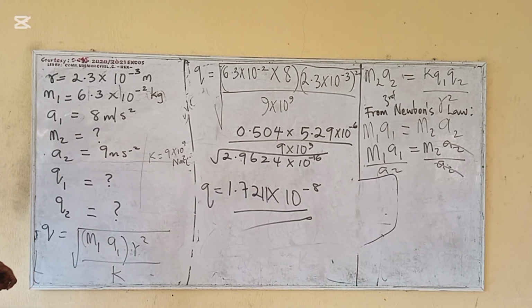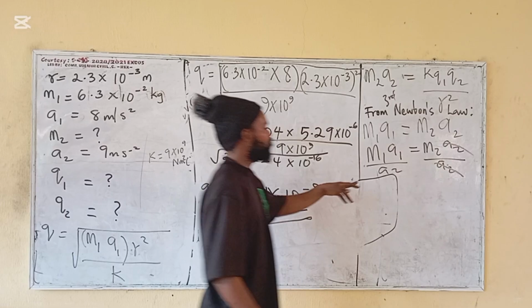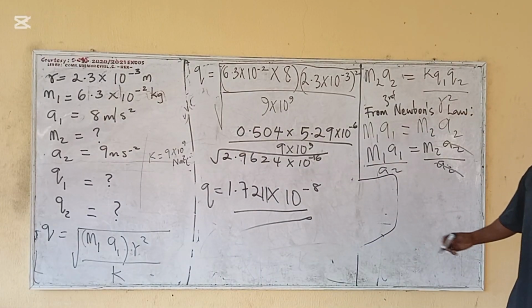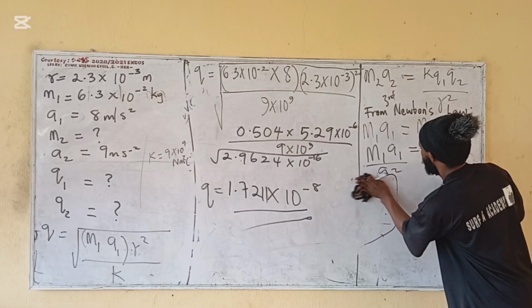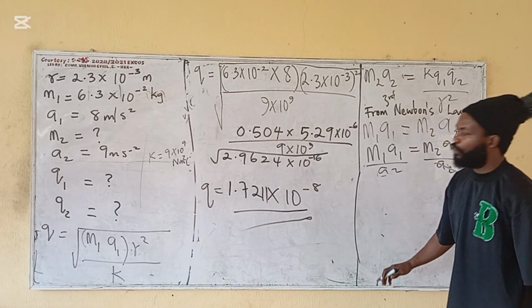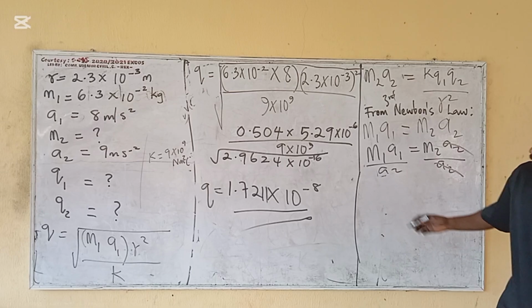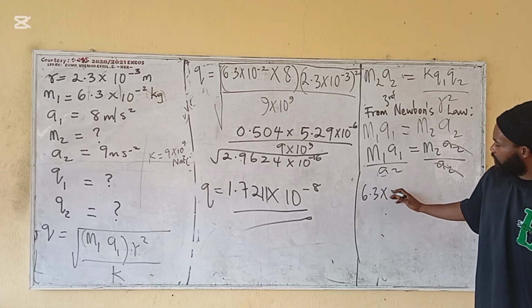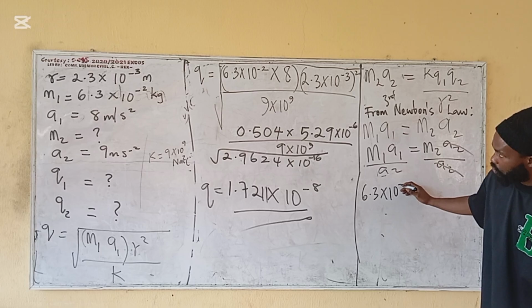Alright, let's find M2. So to find M2, simple. I'll just do M1 is 6.3. So you can even do this one, but let's do it for the sake of people that are watching our class from house. So we do 6.3 times 10 raised to the power minus 2.